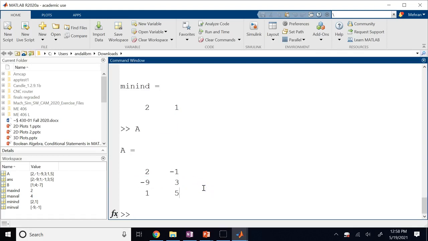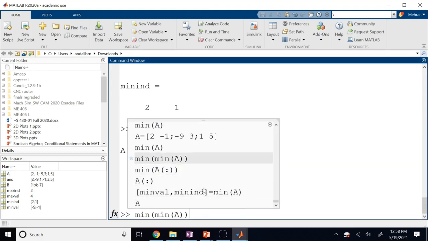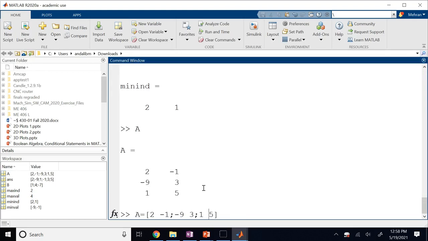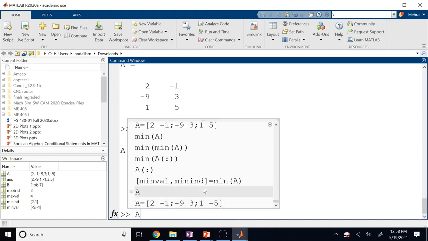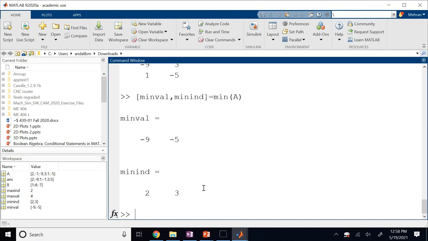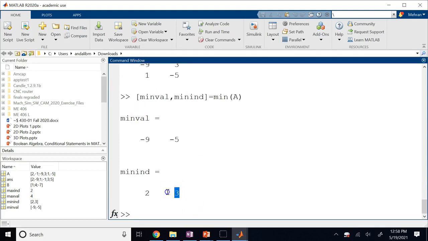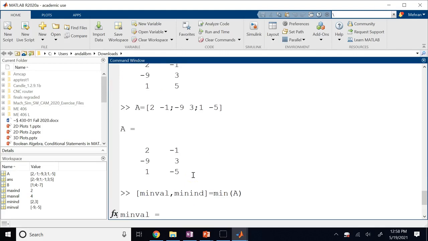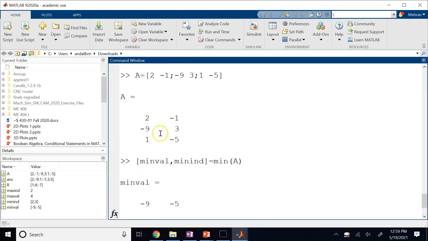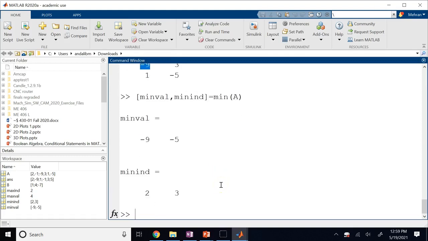So for example, if I change my A and let's make this -5, so I run it again. You see, although my smallest number is in row 2 and column 1, this guy here, 2 and 3, does not give me that location because it's for each column separately. So how can I get this really? Well, you might say, why don't you vectorize it first and then run min value and min index on it?